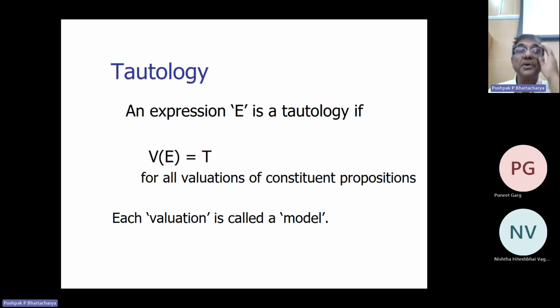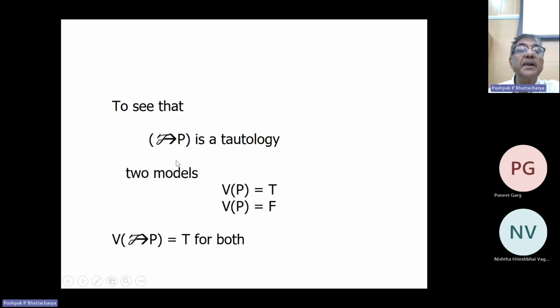Tautology plays a very important role in semantics. If an expression is such that whatever model you take, whatever value you give to the propositions, the value comes out to be true, it is a tautology. For example, Gothic F implies P. This we have already seen.